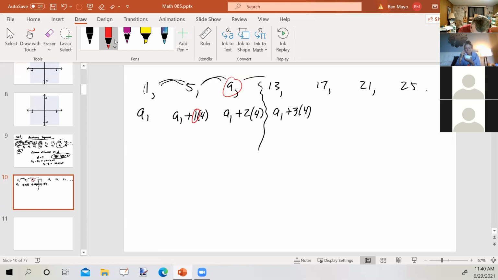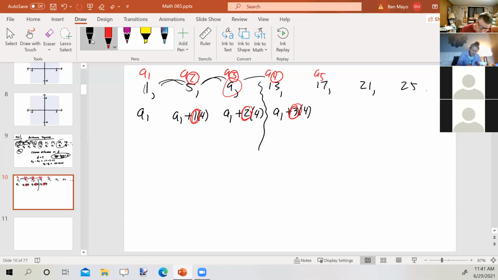This is 1 times 4, 2 times 4, 3 times 4. Also, this is a sub 1, a sub 2, a sub 3, a sub 4, a sub 5, the terms in the sequence. Do you see that this number right here is 1 less than the subscript of the term? What am I getting at?